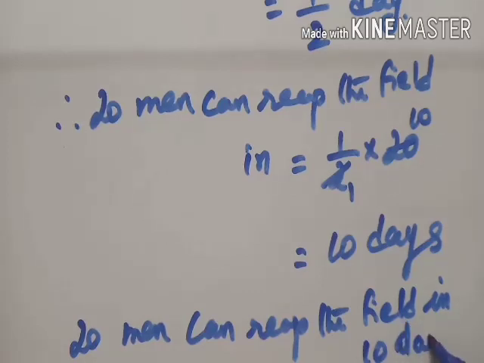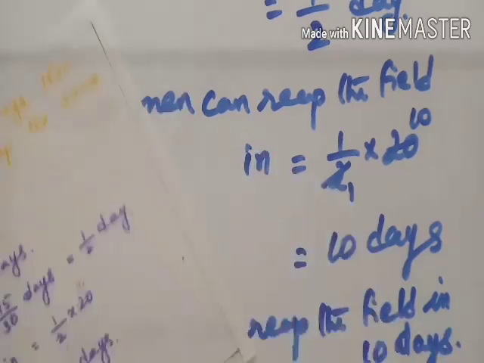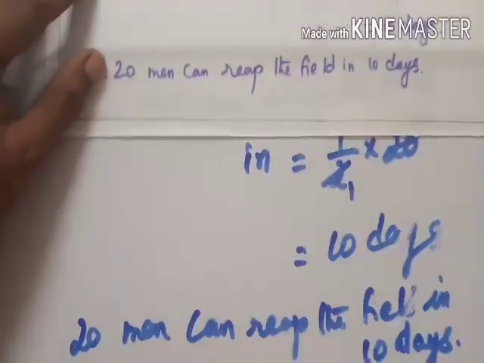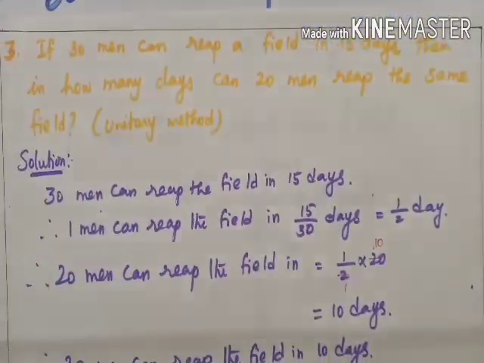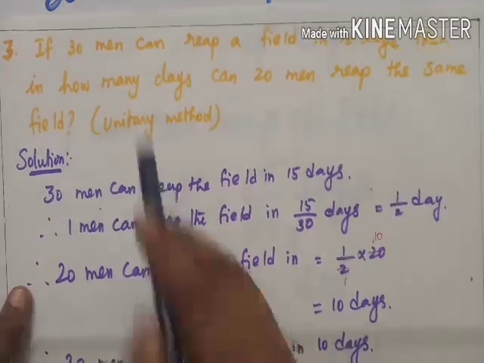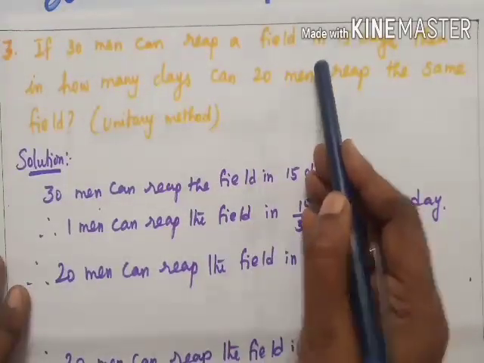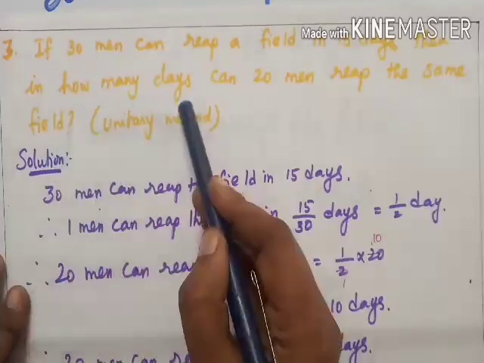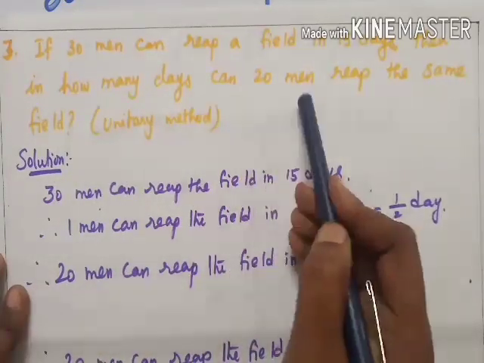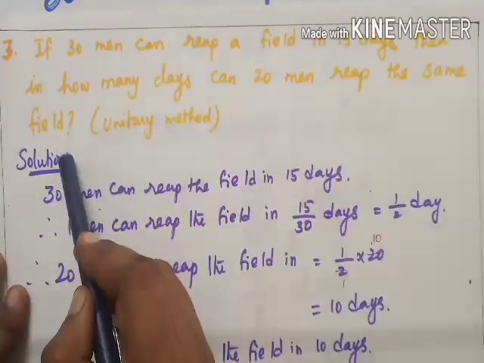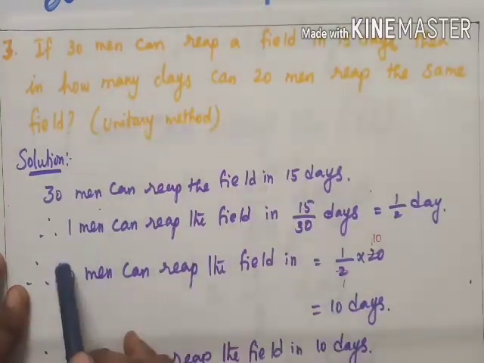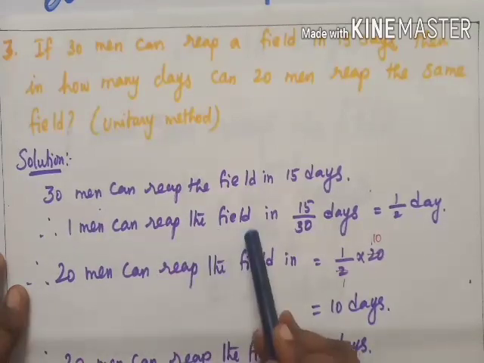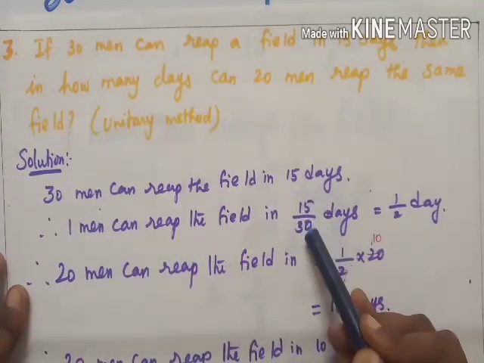Yes, children? Yes? Right. So, this is the question. If 30 men can reap a field in 15 days, then in how many days can 20 men reap the same field? Using unitary method, 30 men in 15 days. So, therefore, one man doing that work is equal to 15 by 30 days.